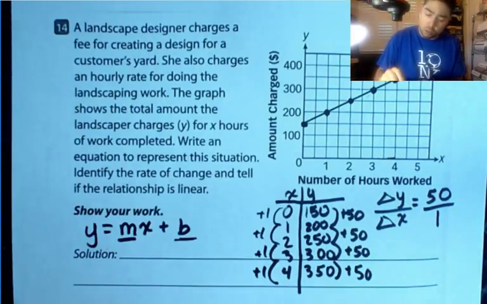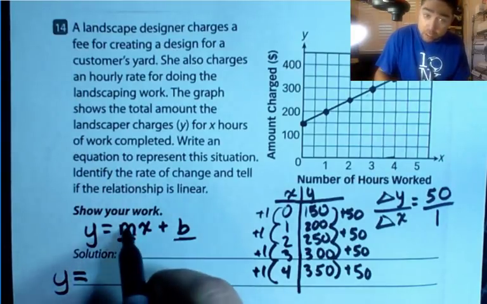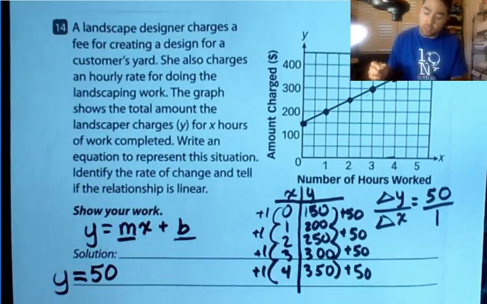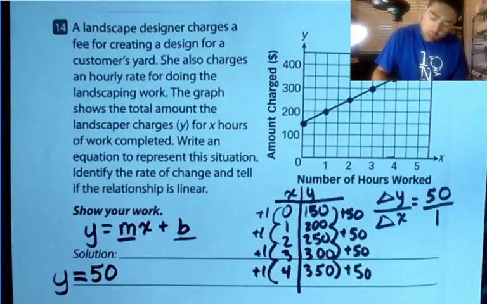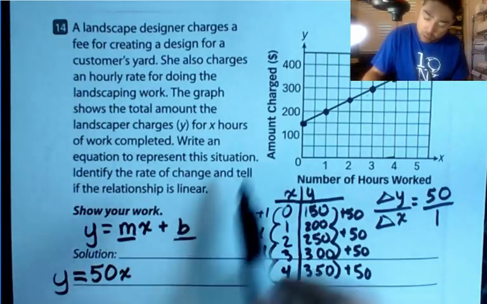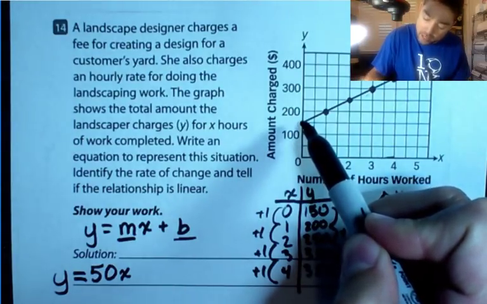So we're going to plug that rate of change in where the m is, because the m stands for our rate of change, or our slope, which is 50. So we have y equals 50x, and then we need our y-intercept. We said our y-intercept was the point where our line crosses the y-axis.